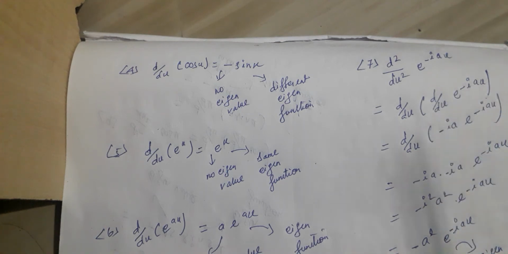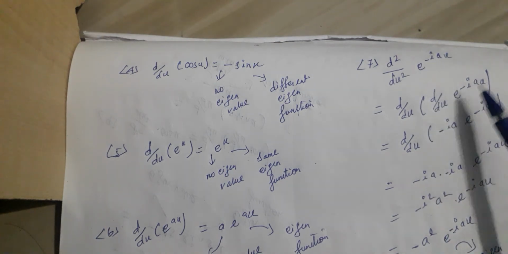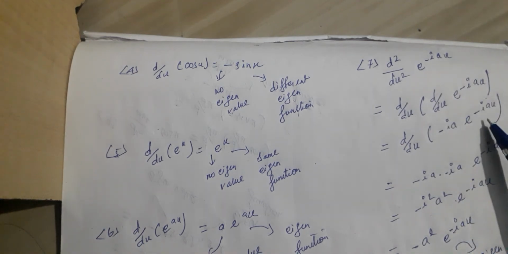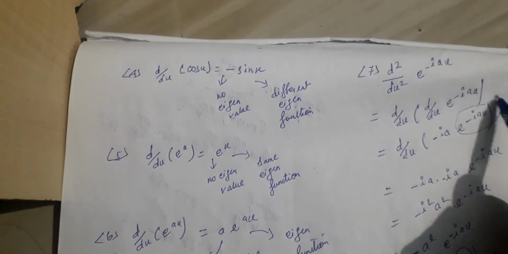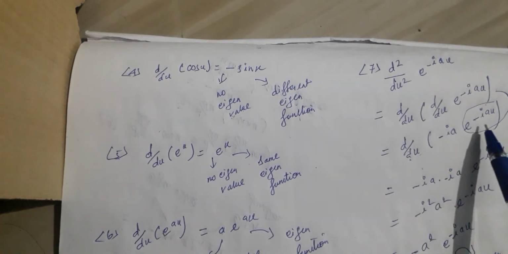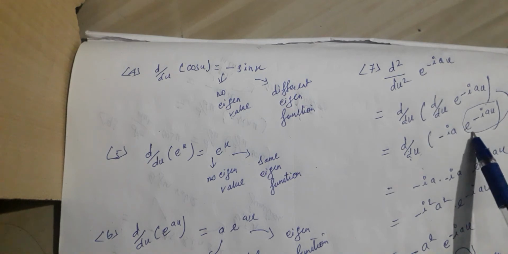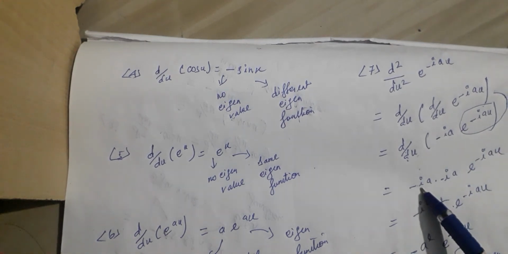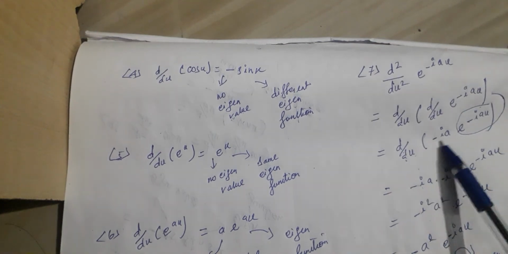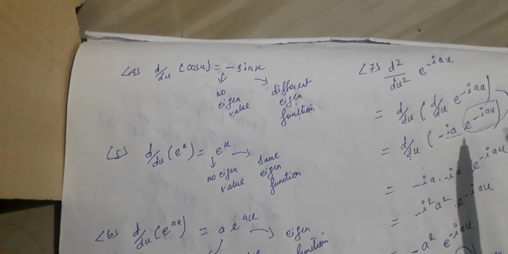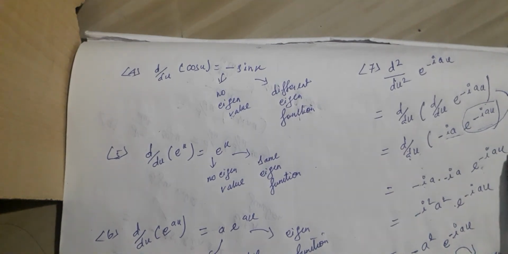So the answer is minus ia, it will come in the front. So the remaining e power minus iax we will put. Again we will differentiate this term, because it is the second differentiation, d by dx e power minus iax. If you differentiate e power minus iax, minus ia will come in the front, and already one ia is there, into e power minus iax, the same.